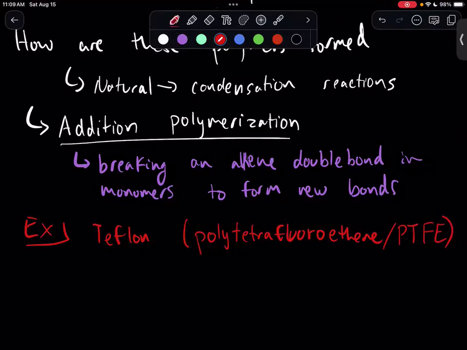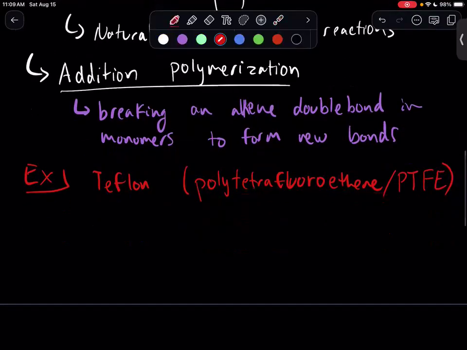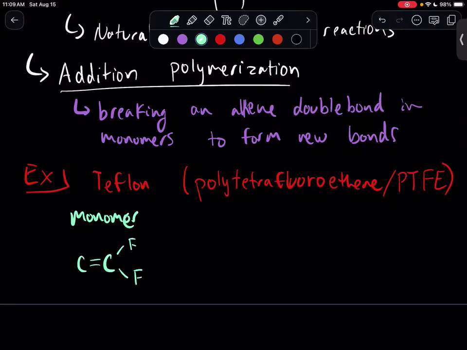So that's Teflon. Now, if I just look at the word tetrafluoroethene, I know what that is. That actually tells us what our monomer is. Our monomer is an ethene, so C=C, with four fluorines, which means that our polymer is just that double bond broken and each one attached to each other.